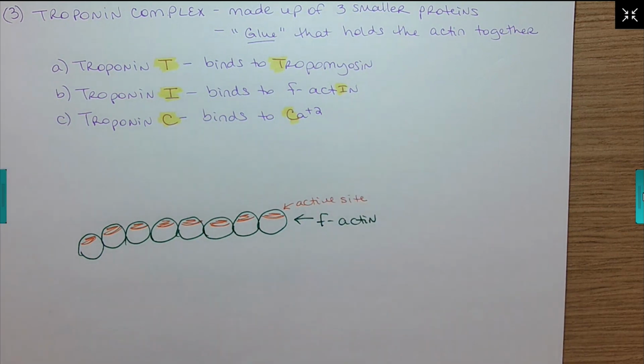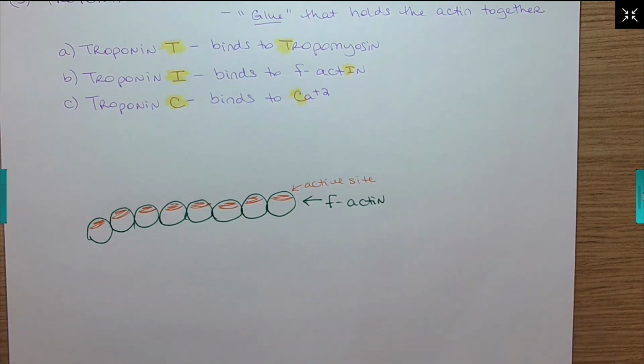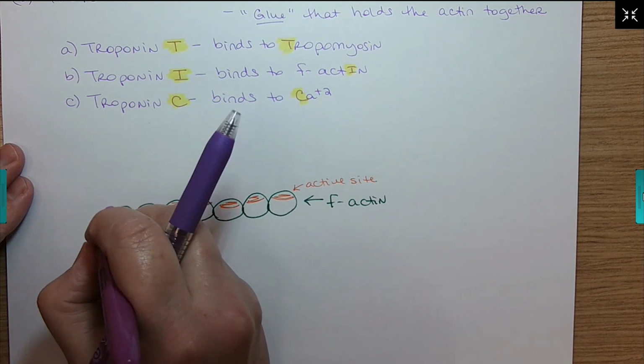Now, I'm not going to draw the tropomyosin just yet, which is the strand that either covers or exposes the active site. So I'm going to pause on that. But I am going to go ahead and draw the troponin complex, which is three molecules. Some people in the other class said it kind of looks like a snowman the way I did it.